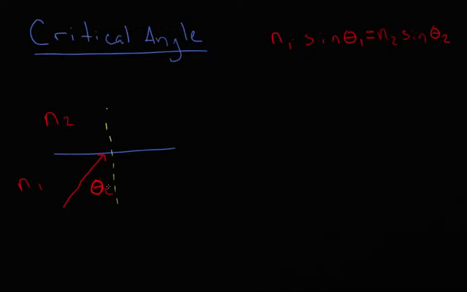So at the critical angle, it's not going to refract a lot out here. It's not going to do total internal reflection. It is going to strictly go at 90 degrees.